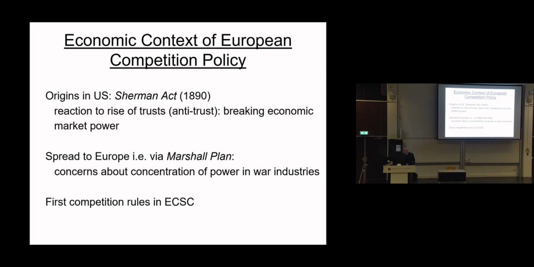The origins of competition policy go back to the United States. The Sherman Act in 1890 was an antitrust law, and the idea was that already back then, in the late 19th century, there were businesses too big to fail, and they could misuse their powers.